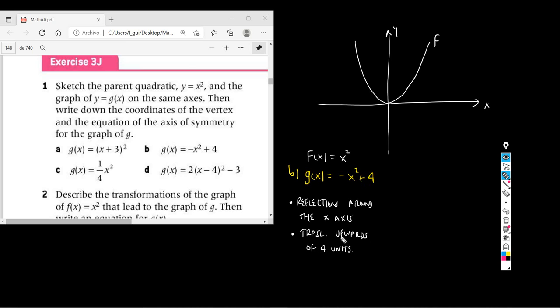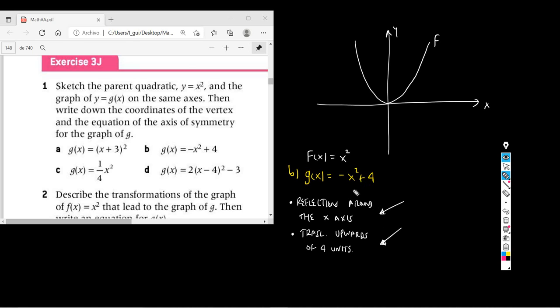of 4 units. Now, the confusion that may arise with this one is the following. Which happens first? Is it the reflection around the x-axis or the translation upwards of 4 units? Whether you carry out this one or this one first, the result will not be the same.